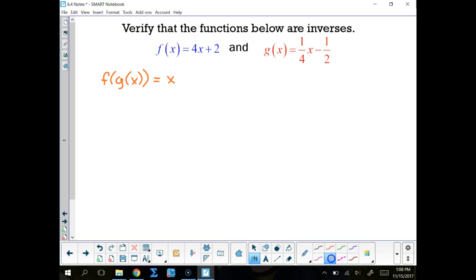So that means I have to show that f of 1/4 x minus 1/2 is equal to x.